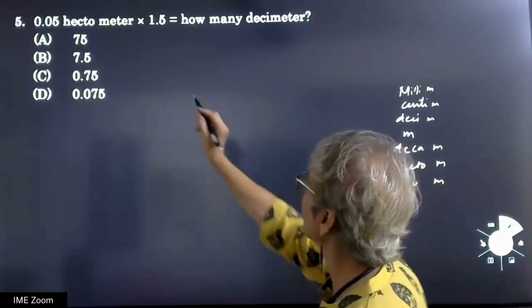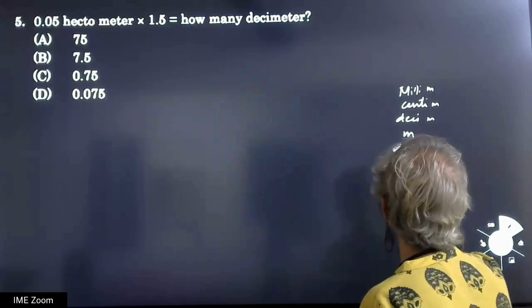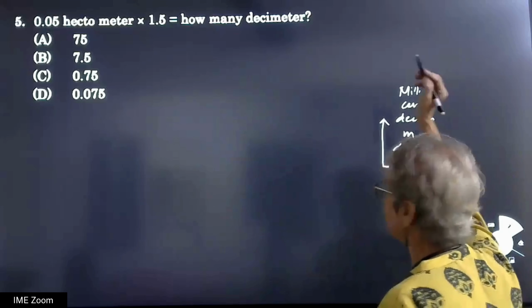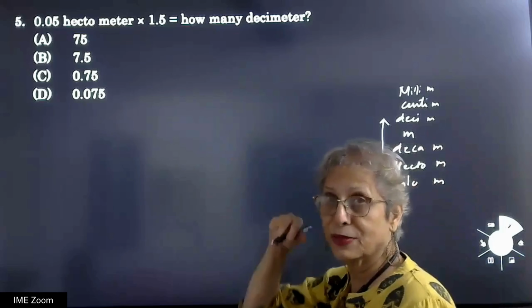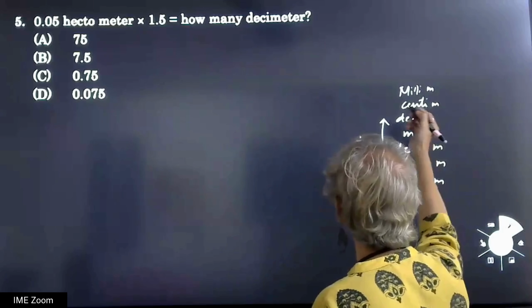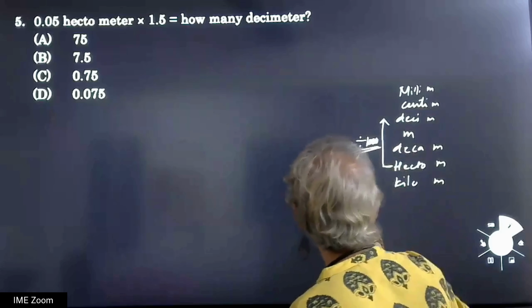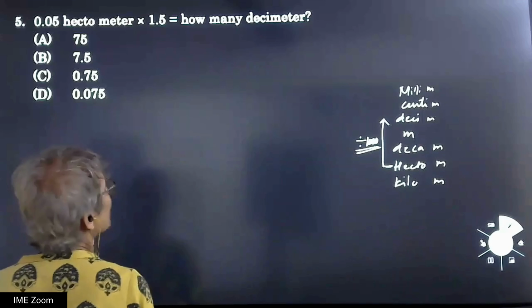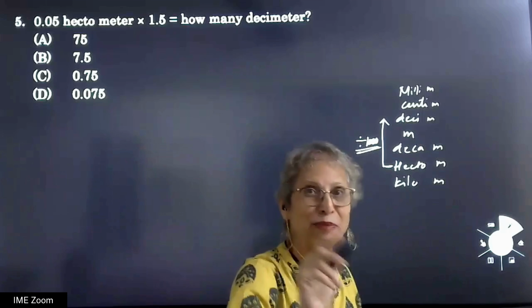Right. Now what we have to do? Hecto to deci. Where is hecto? Here it is hecto. From this place, this is given. From here to deci. These many places. 1, 2, 3 steps you have to go. And towards smaller unit. Larger to smaller division. Every step we have to divide. 3 steps, that means 1000. So we have to divide by 1000. So smaller is multiplication.